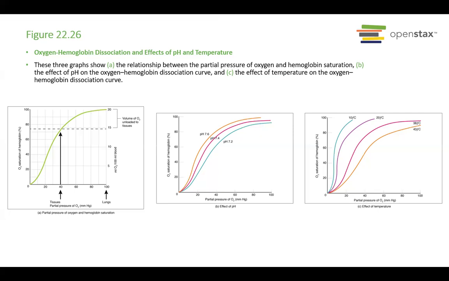So look at the orange graph. The orange graph shows you at pH 7.6, if the tissue only has 20% oxygen, hemoglobin has about 60% oxygen because she gave him 40%.